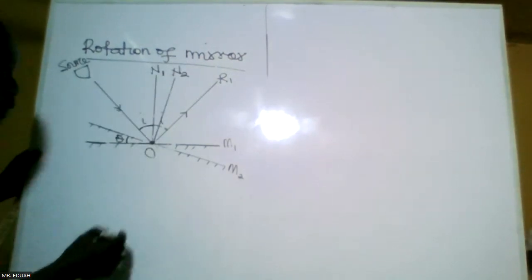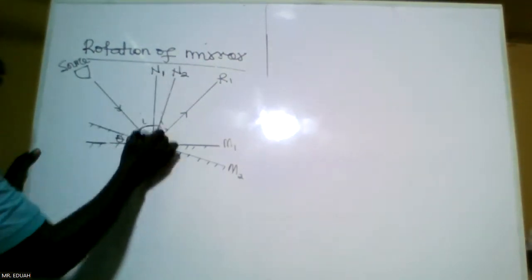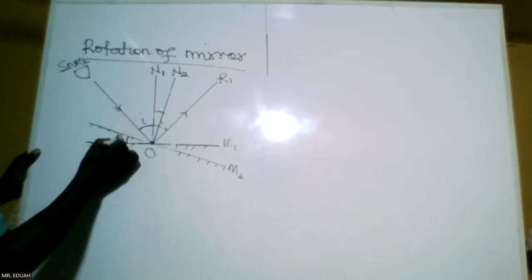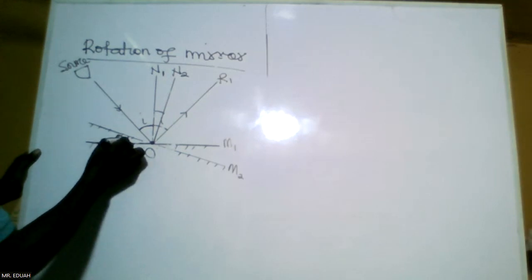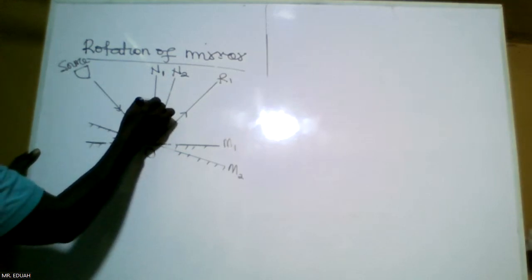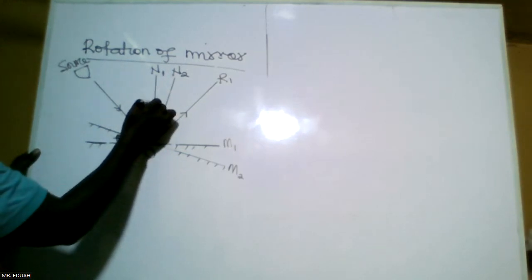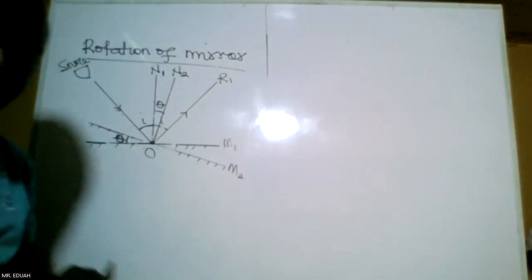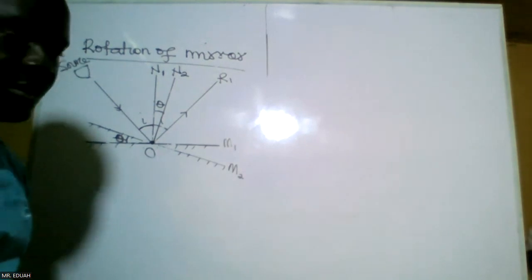The angle between N1 and N2 is equal to the angle of rotation. If you rotate the mirror through theta, the angle between N1 and N2 would also be theta.